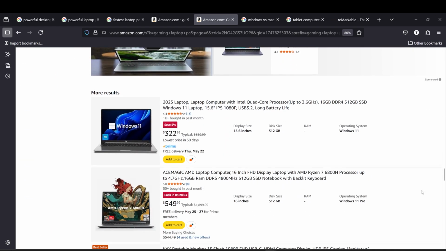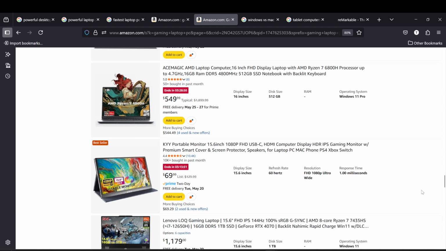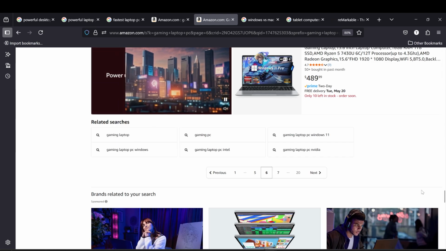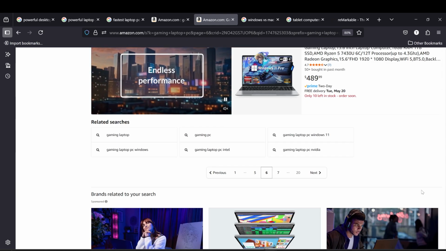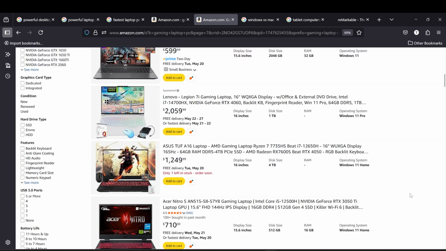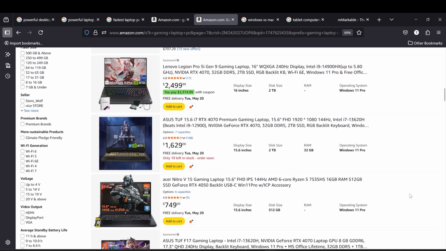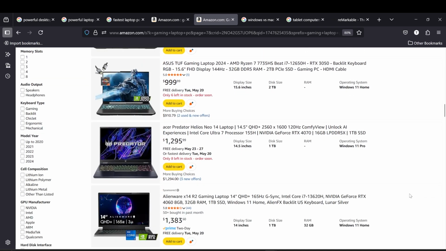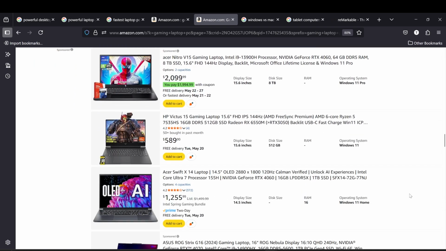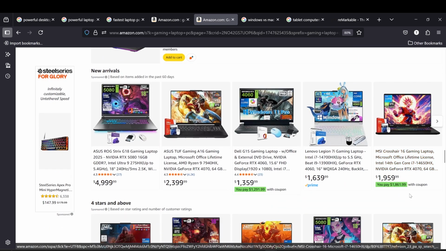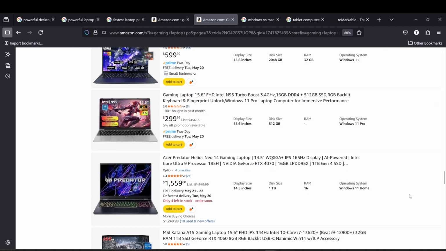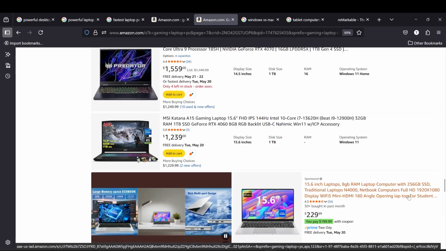If you're looking for 10 hours of battery life on a gaming laptop, this is impossible. The best case scenario is a few hours, at most 4 or 5 hours. If you're opening a series of software and using it for design and rendering purposes, sometimes it lasts only a few minutes, even less than 45 minutes, and then you need to recharge it again.